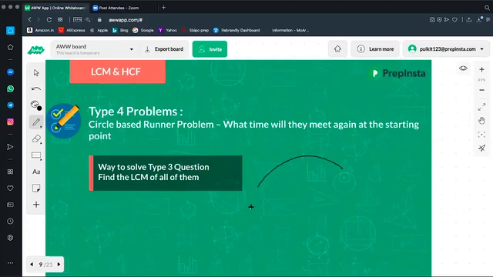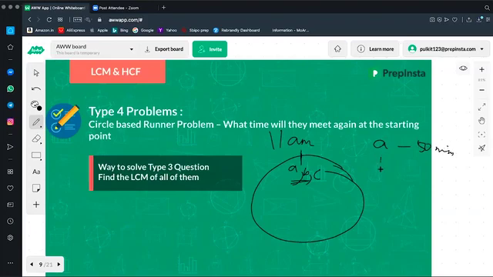Similarly, another type of question that you see in LCM and HCF is what time they meet again at the starting point. Let's say at 11 a.m., three runners A, B, and C were together, on a circle. Runner A takes 50 minutes to complete the circle.